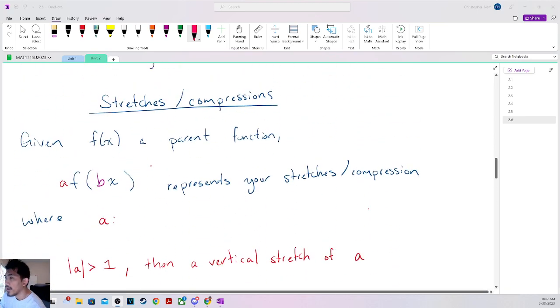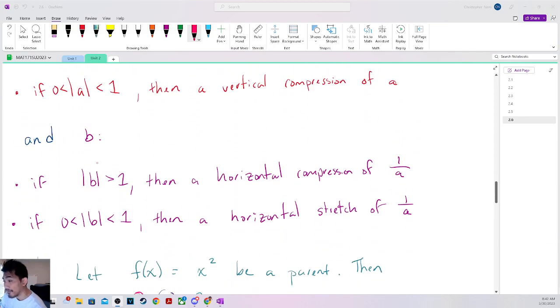All right? Now, if the multiplication happens inside my function and it's bigger than 1, well, I have to reverse it. It's not a horizontal stretch. It's a horizontal compression, and I'm going to reciprocate. I'm going to reverse that value in particular. Instead of saying it's a horizontal compression of b, this should be a b value right here, so I apologize. Fix that up.